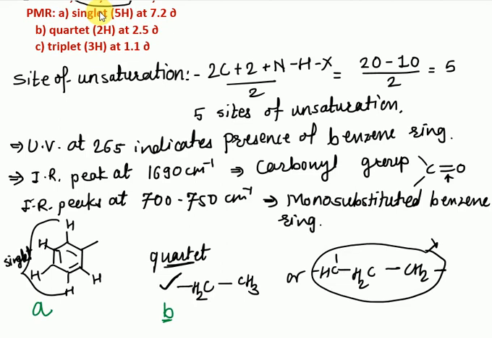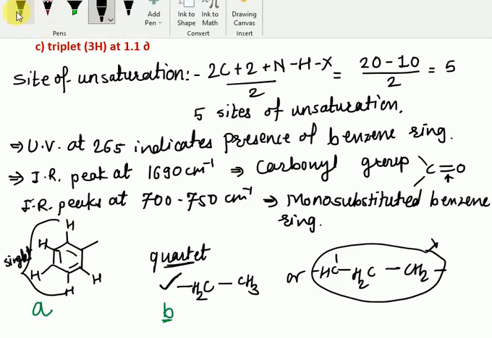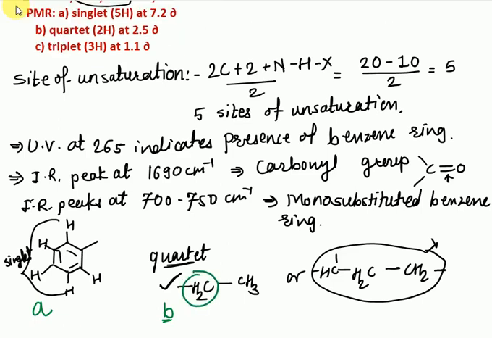And if we match the remaining spectroscopic PMR data, this hydrogen shows a quartet at 2.5 delta value, then the next carbon carries 3 hydrogens and shows a triplet, because the neighboring carbon carries 2 hydrogens.